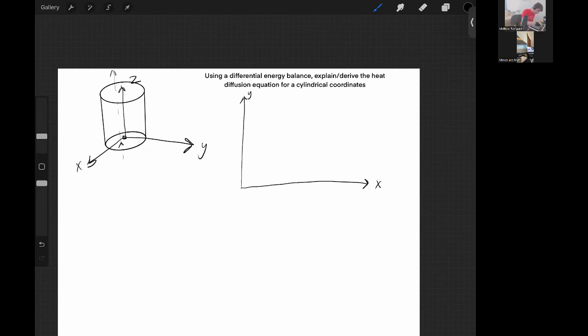So let's say I'm taking this slice of it, and move that over there. So I'm going to have some little slice that looks like this, and we're going to try to express this in differential equations.